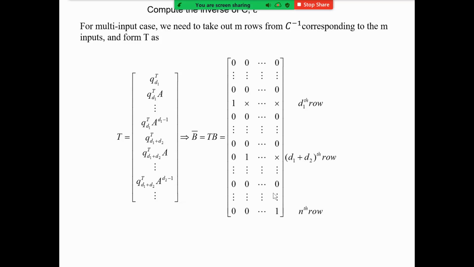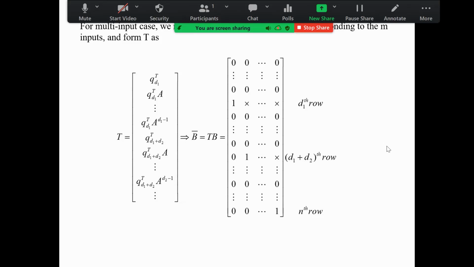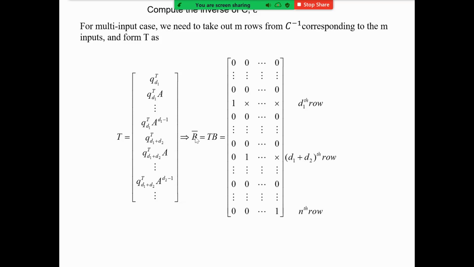You should check that. If you don't get the correct one, of course something is wrong in your calculation. You cannot just go ahead with wrong values and still try to compute the rest, because at this step you already made a mistake if your B bar is not in the proper form.